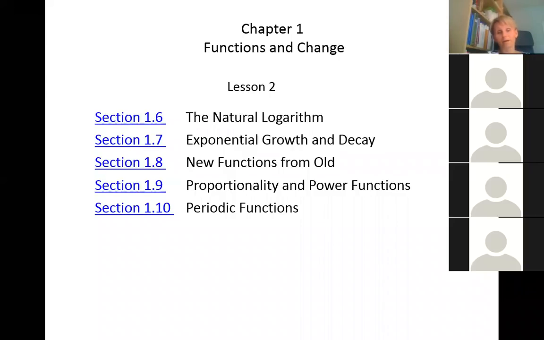We will also talk about creating a new function from old functions, old models, and about proportional functions. We will talk about periodic phenomena in nature. The periodic functions are the trigonometric functions.